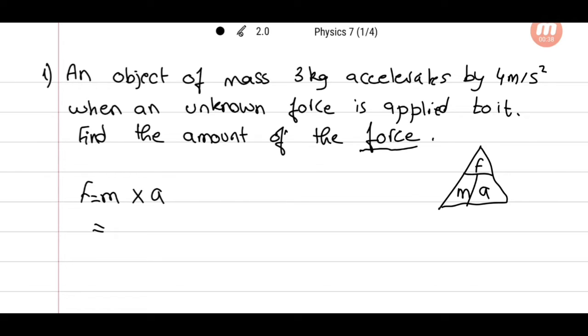Now I have the mass, which is 3 kilograms. Pay attention to the units. Mass is in kilograms, acceleration is in meters per second squared, so 3 times 4 is equal to 12, and the unit of force, as we know, is the newton. So I found the amount of the force, which is 12 newtons.